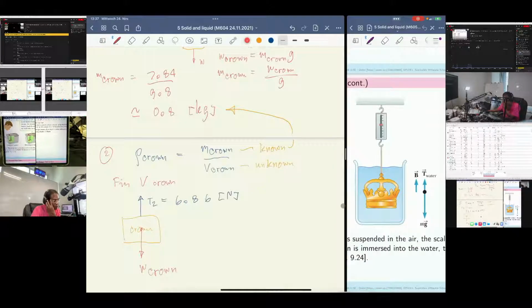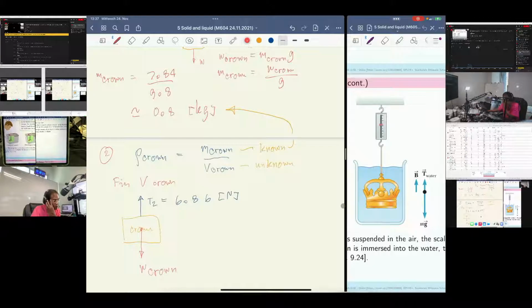We would apply Newton's first law again. Sum of F_y remains 0, right? And let's say pointing up is positive. If pointing up is positive, we're going to have T2 as plus, and B would also be plus, right?